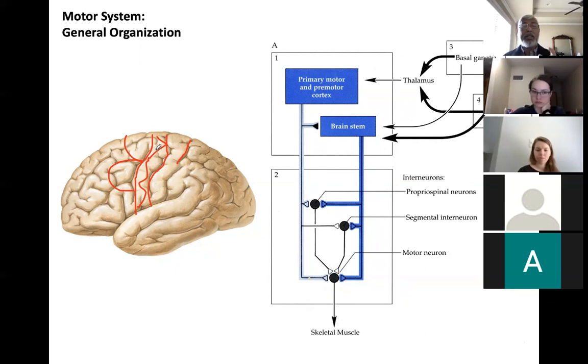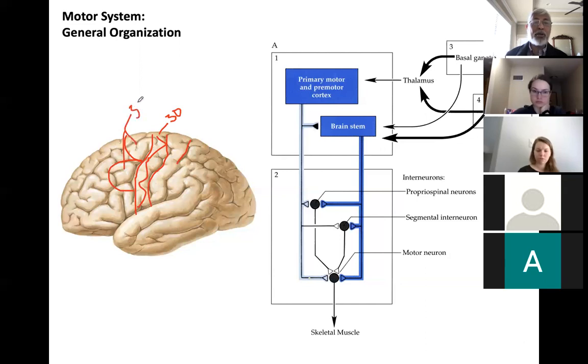Now, we said the corticospinal tract that begins in the cortex goes all the way down to the spinal cord. Only 30% of the fibers arise from here. This is the primary motor area, so it will contribute 30% of the fibers, okay? And another 30% will come from these two areas, the premotor area and supplementary motor area.